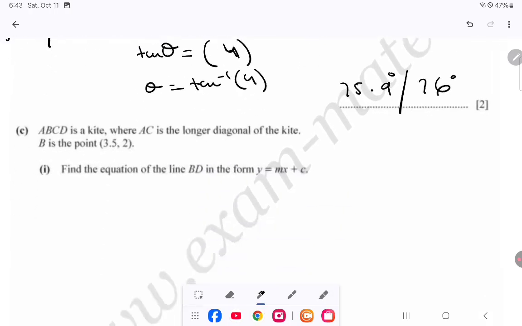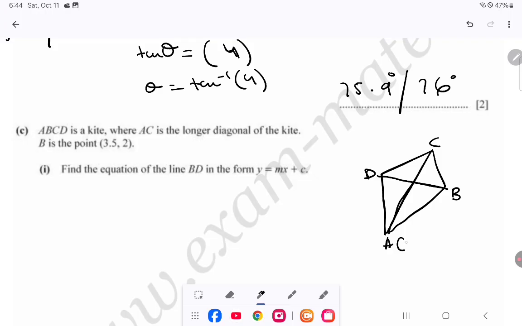Now for part C, ABCD is a kite where AC is the longer diagonal of the kite and B is the point (3.5, 2). In a kite, the longer diagonal is AC, and the other diagonal is BD.